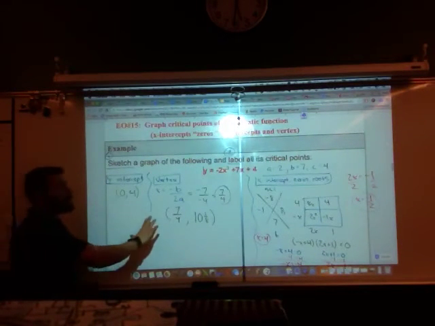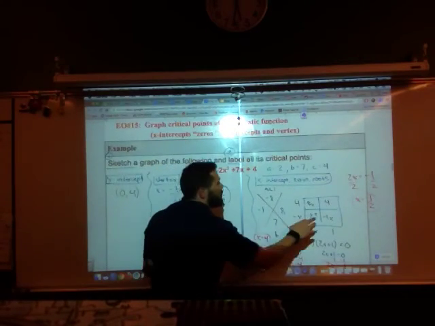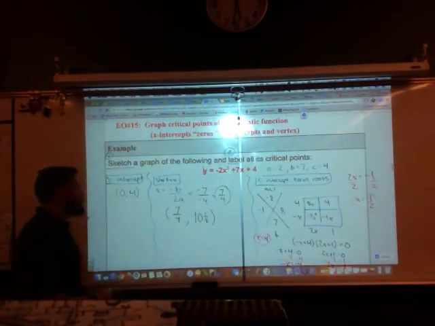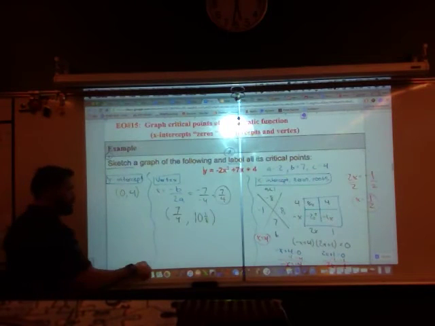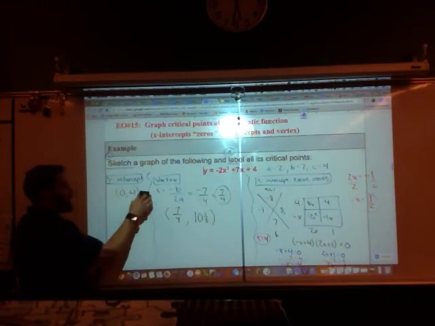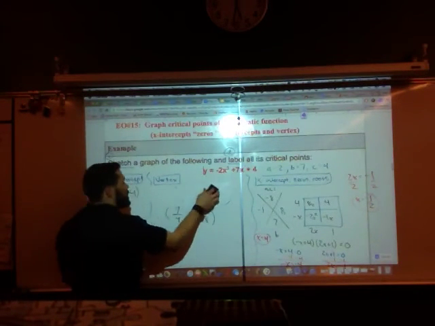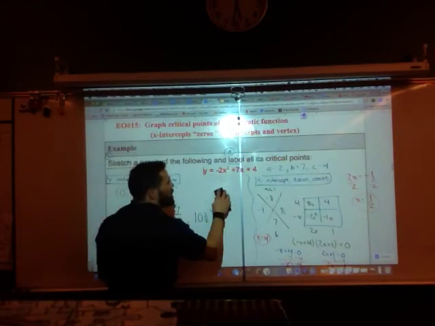I have my y-intercept, I have my vertex, I have my x-intercepts. They did tell me to sketch this. So I'm going to go ahead and erase some of this so I have some room here.